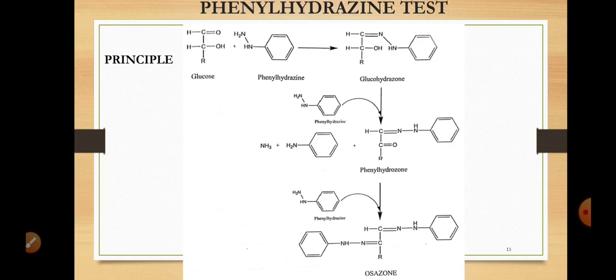As you can see, when glucose undergoes a reaction with phenylhydrazine, there is a formation of glucose phenylhydrazone. Further, when you add an additional amount of phenylhydrazine, it results in the formation of a further phenylhydrazone, which on continuous addition of phenylhydrazine results in the formation of the Osazone, that is the crystal structures which are specific for a specific type of reducing carbohydrate.